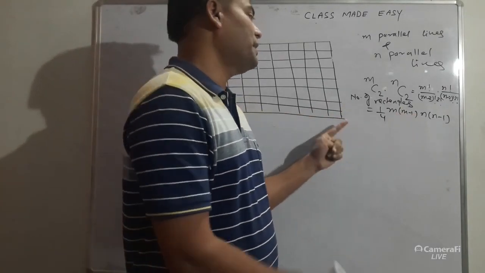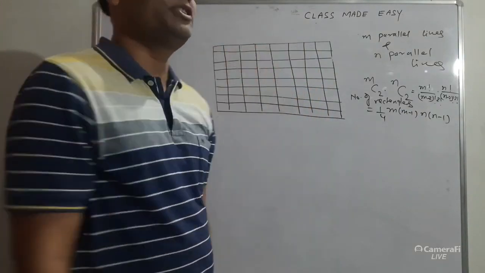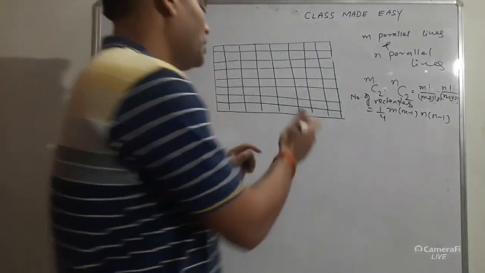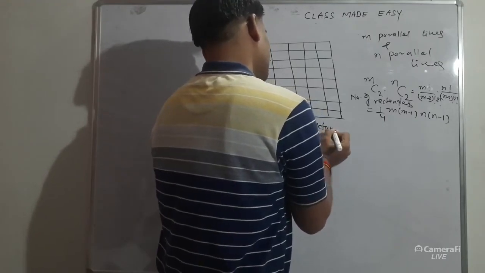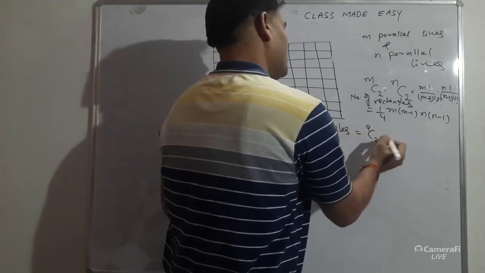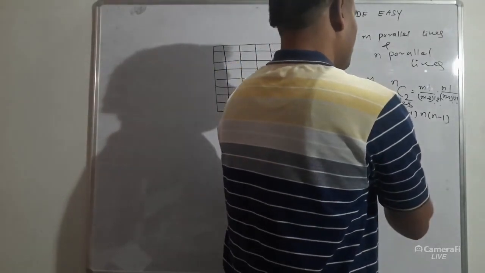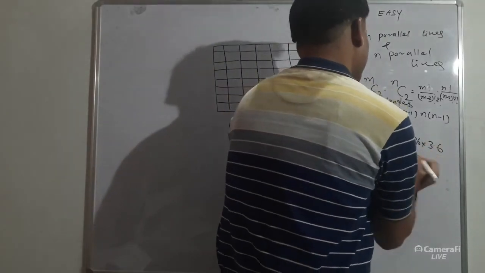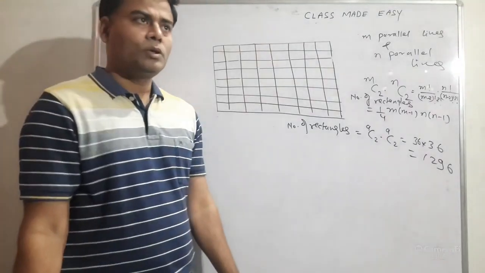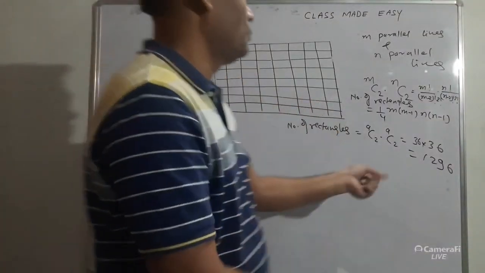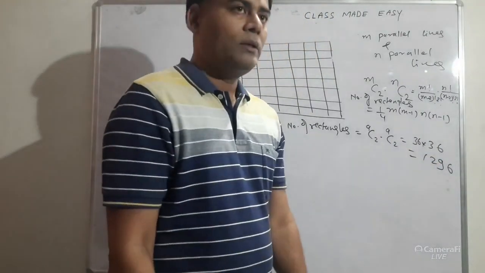So see, if there are 9 horizontal lines and 9 vertical lines on a chessboard, number of rectangles equals 9C2 into 9C2, and you know it is 9 into 8, 72 upon 2, that is 36 into 36, it is 1296 rectangles. So a chessboard has a total of 1296 rectangles.